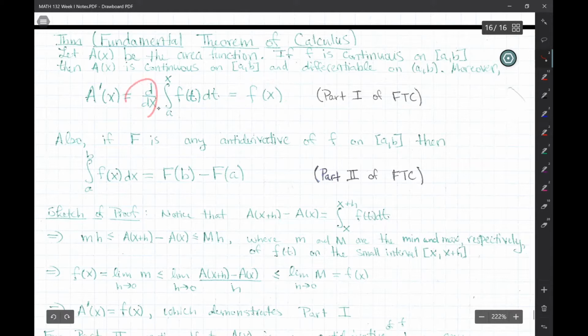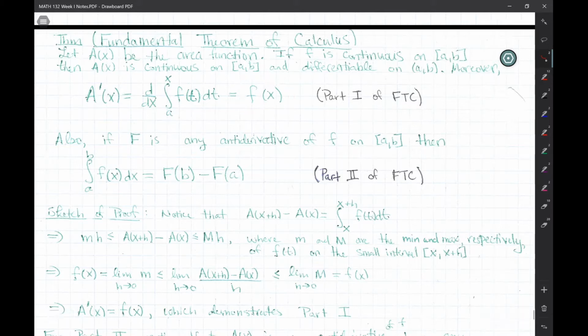So the derivative of the integral from a to x of the function along the t-axis, taking the derivative with respect to x, and here be careful: x is up here, it's the upper bound. So taking the derivative with respect to x, where we see this x above here, the upper limit, we get back the function.